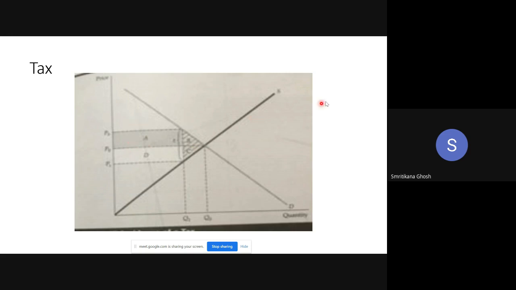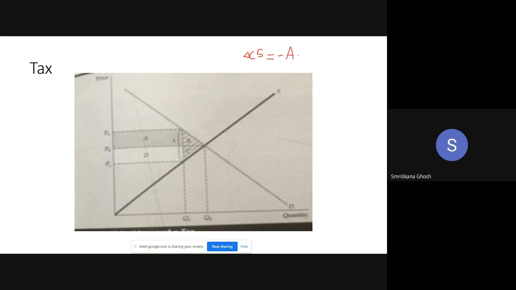So the price for the consumer is higher than before. For the consumer, the change of consumer surplus is: the consumer is paying a higher price, so he is the loser, right? So what is the amount of social welfare loss for the consumer?